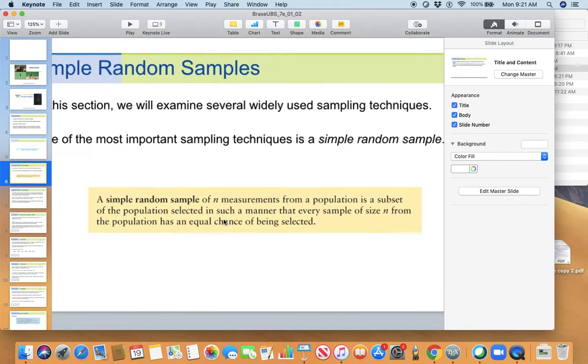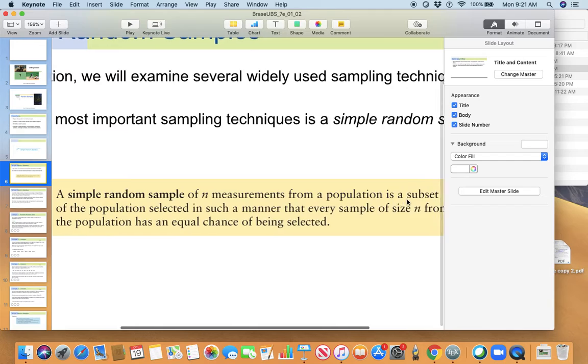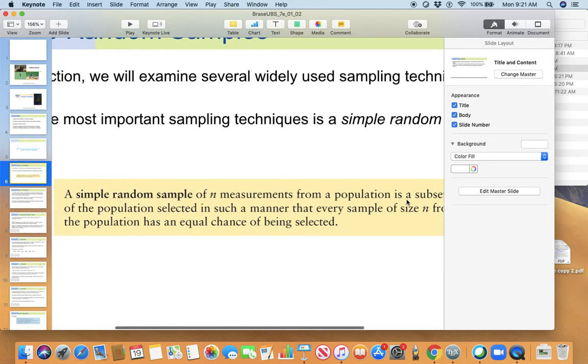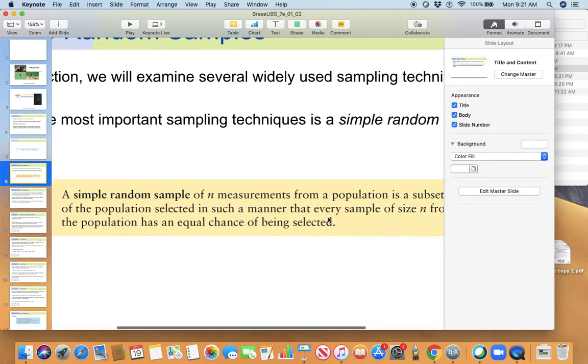A simple random sample of n measurements from a population is a subset of the population selected in such a manner that every sample of size n from the population has an equal chance of being selected.